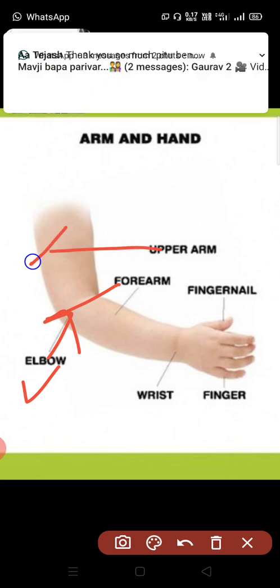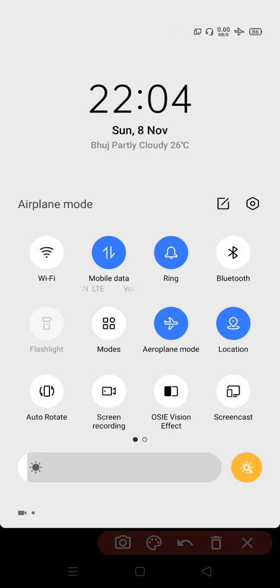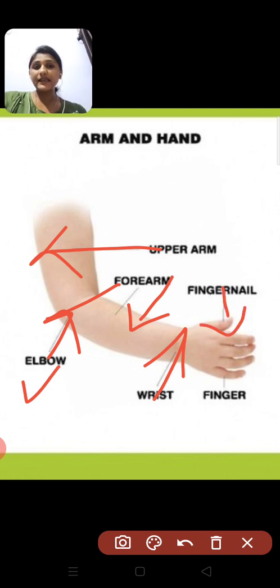Okay, this is your upper arm starting from the shoulder. Then comes your forearm. This is your wrist. Then this is your fingernail. This is called fingernail, and these are your fingers, and this is your thumb.